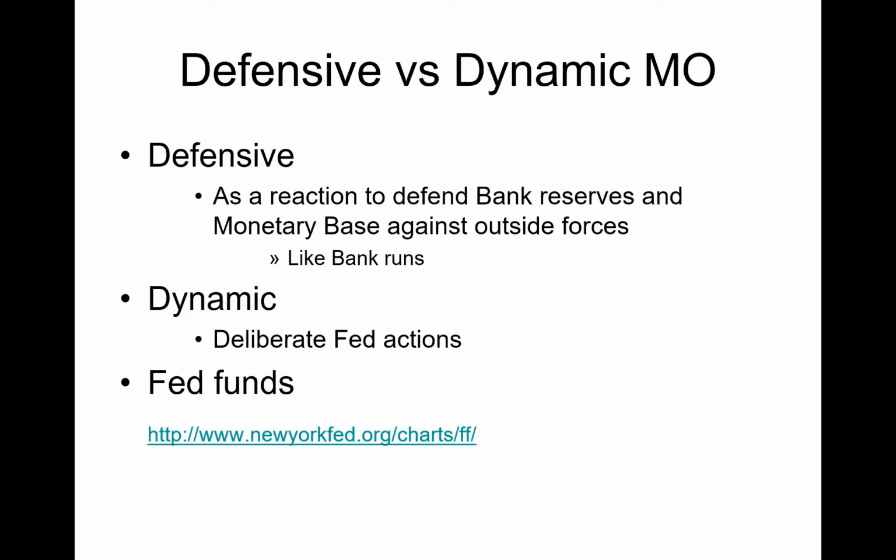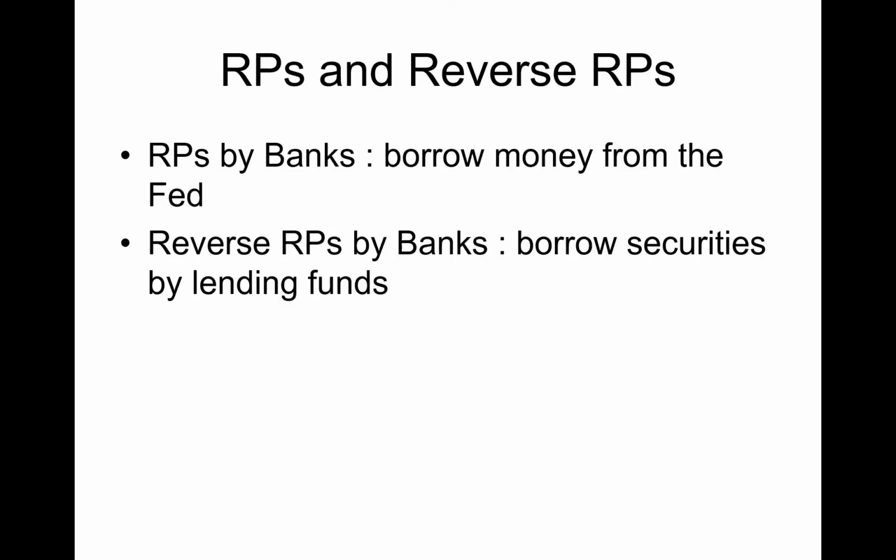So now let's talk about repos and reverse repos. A repo is essentially an action by a bank in which the bank is selling securities to repurchase it tomorrow. So when I sell securities, I will get money. So banks will get money from the Fed, and because it's a repo, it means the bank has to repurchase the bonds back from the Fed, at a fixed higher price than the price at which it sold it to the Fed.